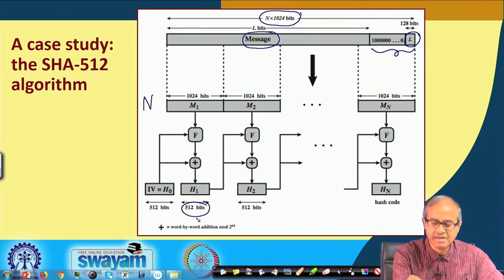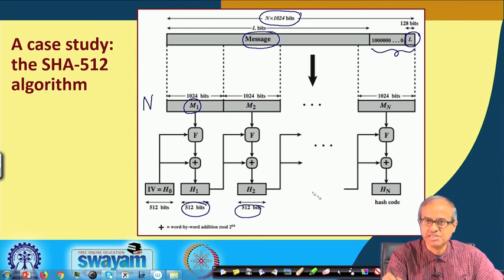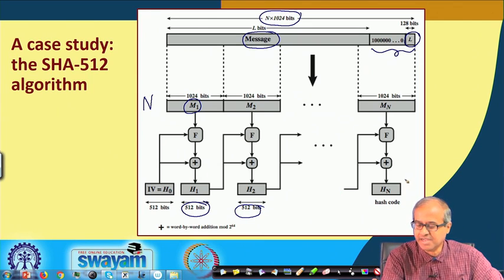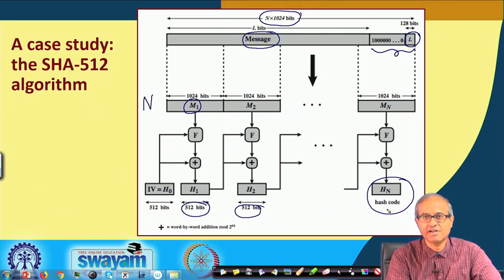To see how it is done, the first, M1, generates a 512 bit data, but this hash value is fed as input to the second stage, which creates another 512. This proceeds, and finally we get a single 512 hash value. The final value that comes out is taken as the 512 bit hash.